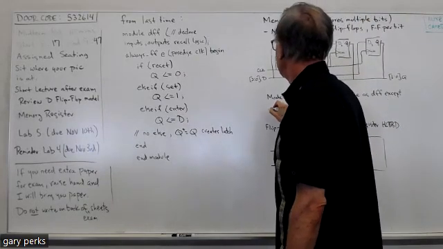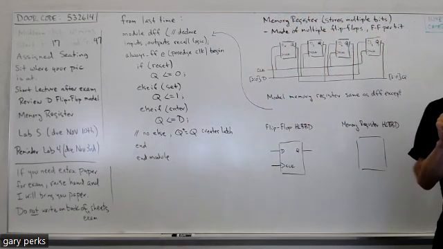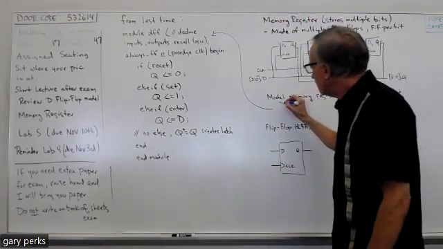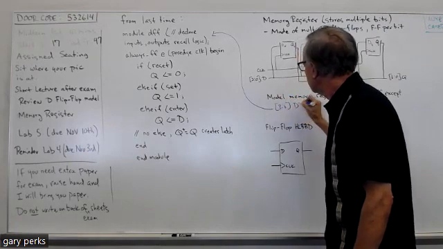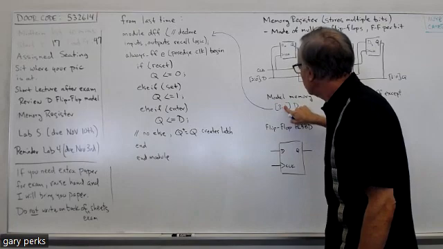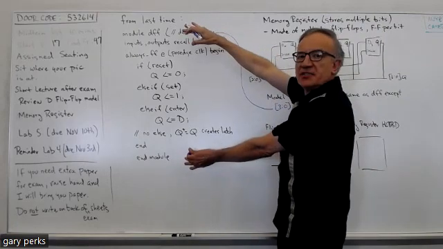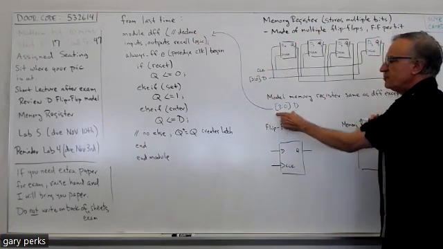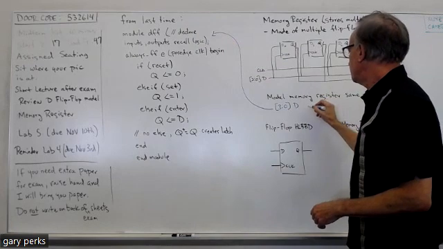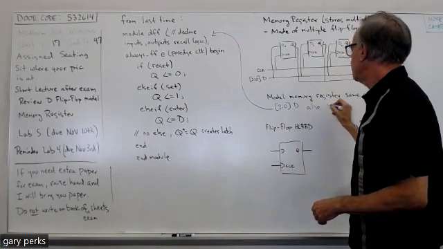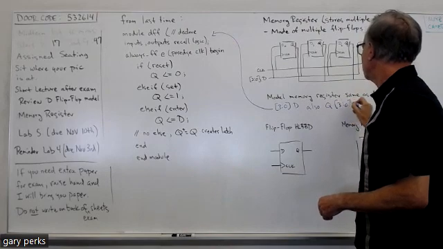Instead of declaring D as just a single bit input, you're going to declare it as 4 bits. So you can literally copy this code for the D flip-flop and then just make this edit for D. Also do the same thing for Q, making it 4 bits instead of a single bit.